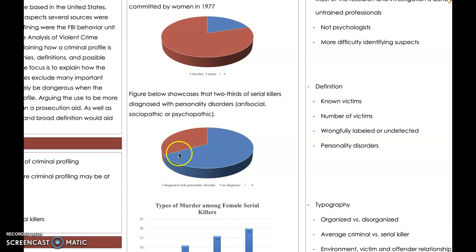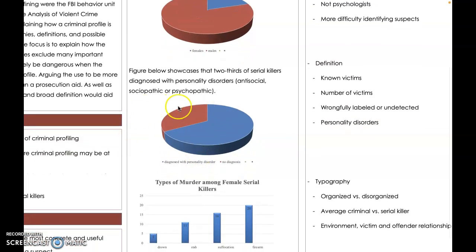This figure below showcases that only 2/3 of serial killers were diagnosed with personality disorders, under the category of antisocial, sociopathic, psychopathic, generally just sociopath and psychopathic.